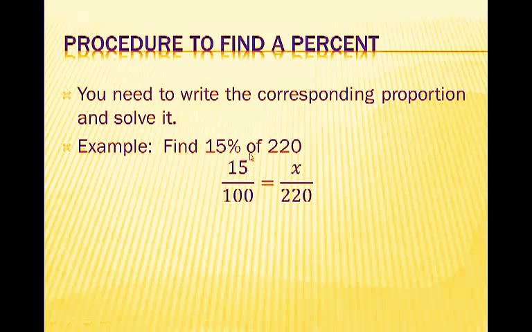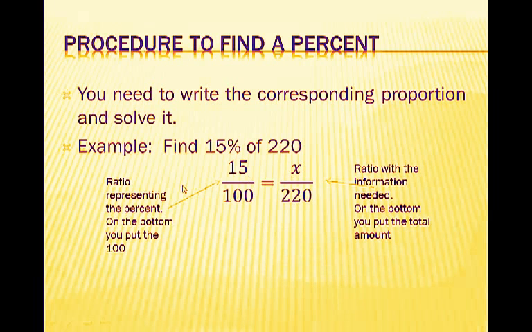The number that comes after the word of always goes down on the other ratio, and you just fill it with an X. The left side is the ratio representing the percent. Again, on the bottom you put the 100 because that is the total. On the right, it is the ratio with the information needed, and on the bottom you put the total amount.